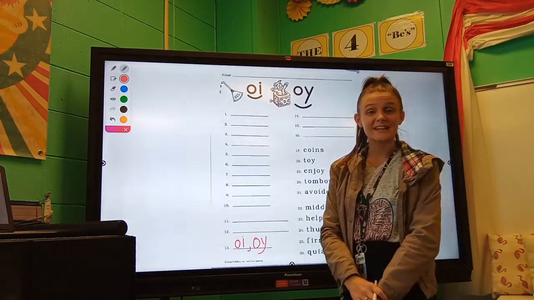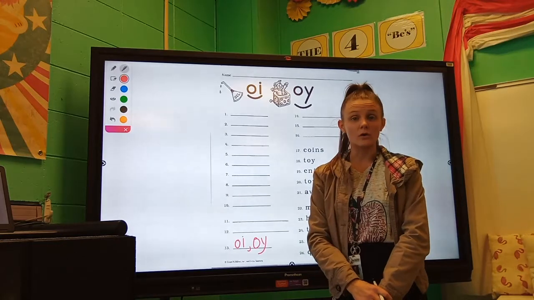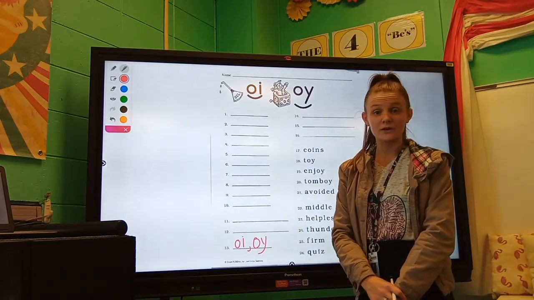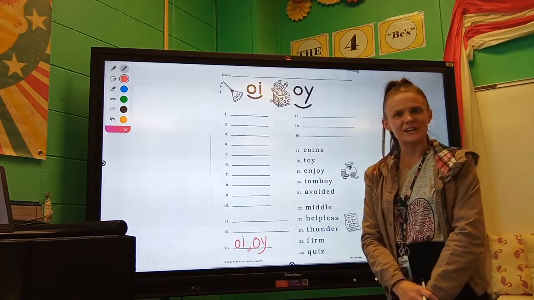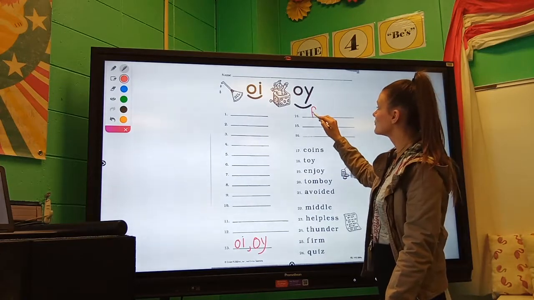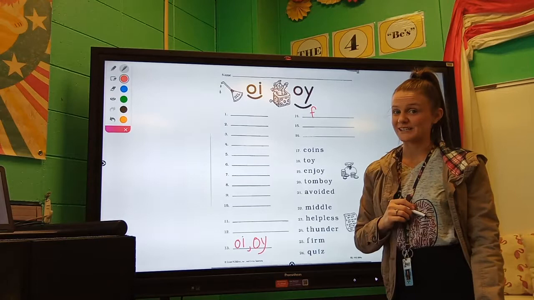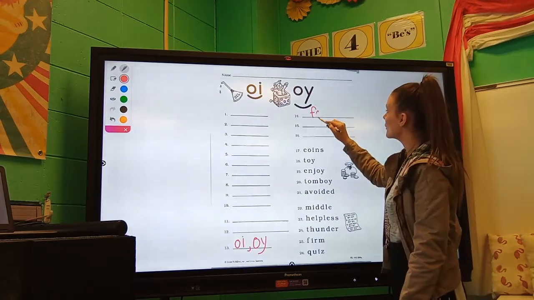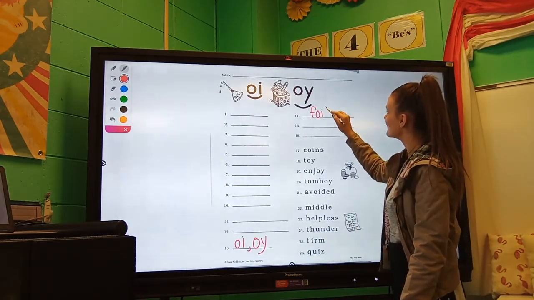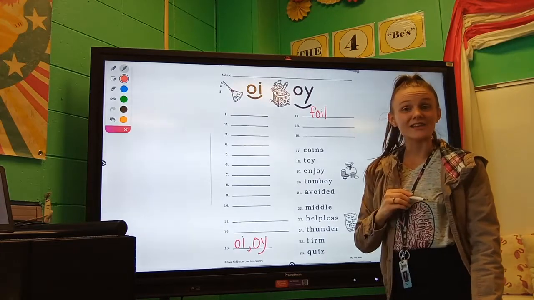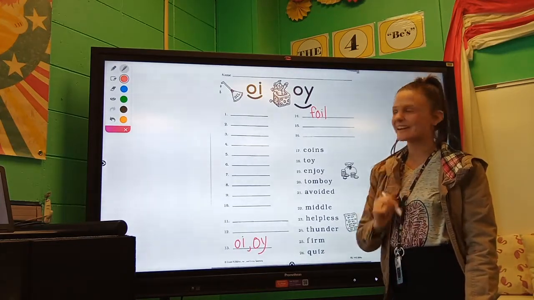For number 14, we're going to spell the word foil. Foil. So the first sound I hear is f, then I hear that oi sound we've been learning today. So I'm writing O-I and finishing it with letter L, the L sound. Very good.